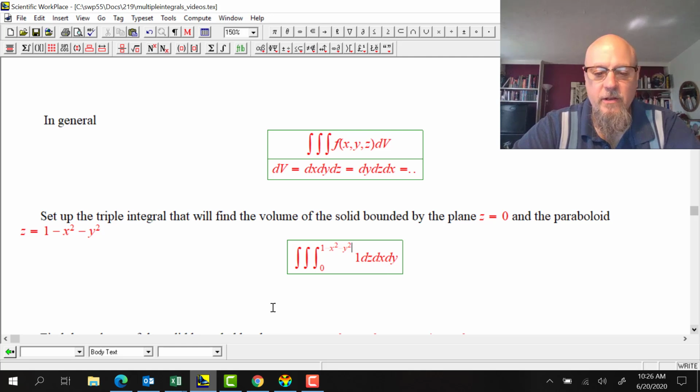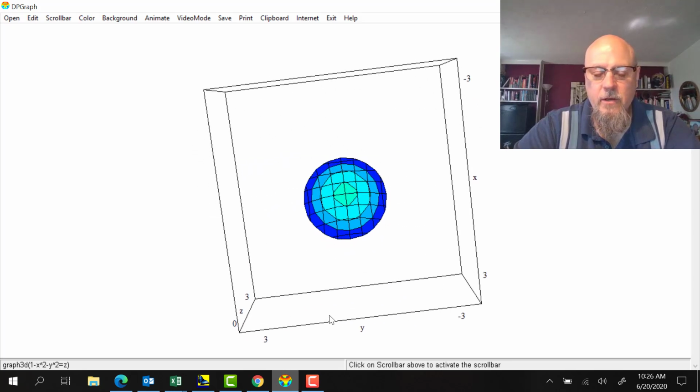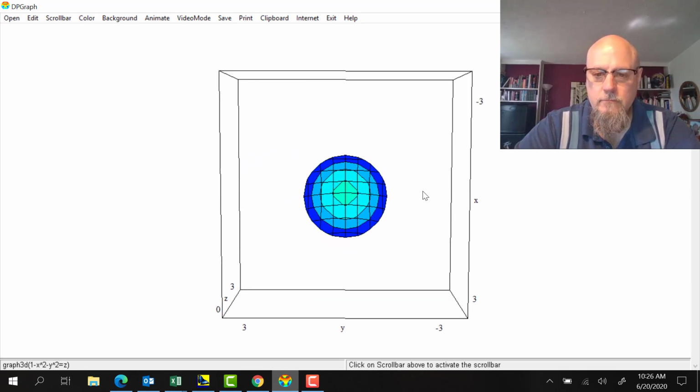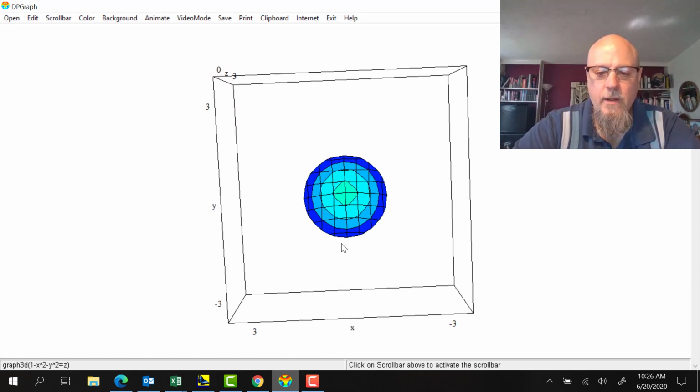And now x is going to go, so I'm going to go back to this shape. X is going to go from, set this up with x and y. X goes from this side of the circle to this side of the circle.